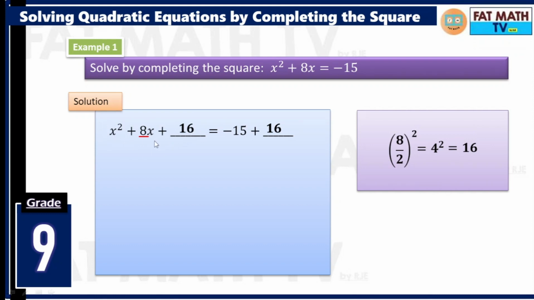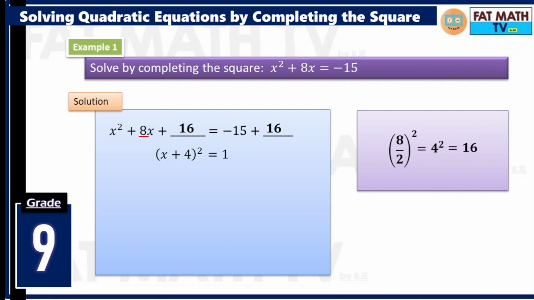It's the square of x plus 4. So you have to apply your factoring technique here. It's also a special product, the square of a binomial. And then negative 15 plus 16 is 1.